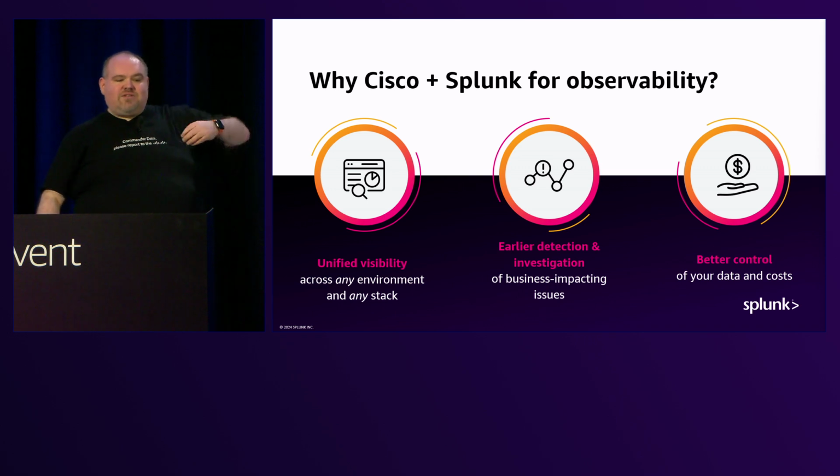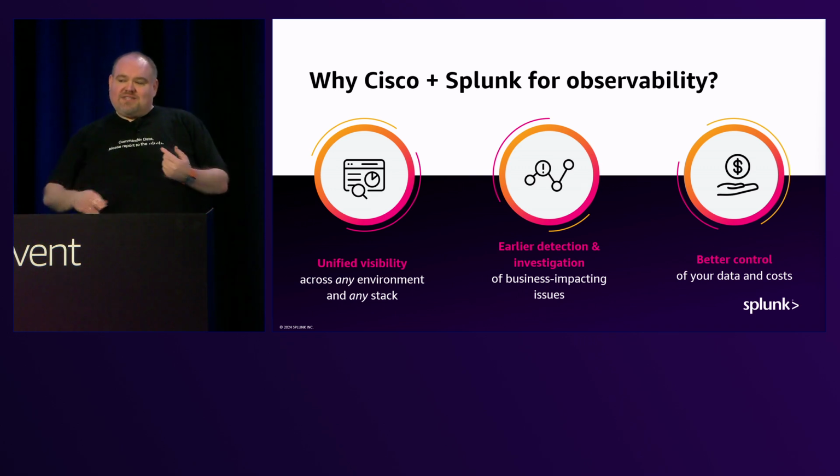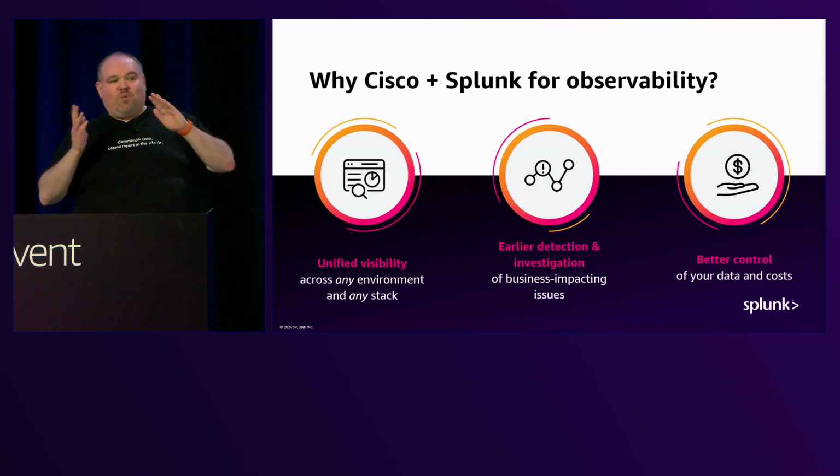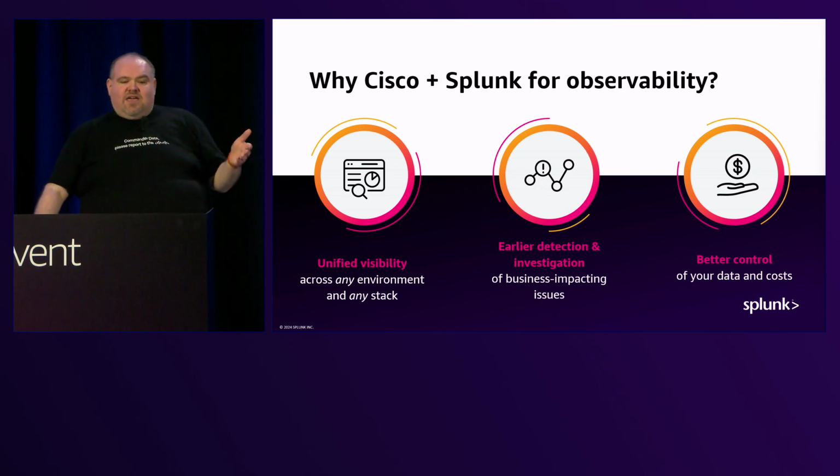But also being able to use OTel's flexible processing capabilities and to be able to, again, say where you send certain types of data, and then once you've sent it in, how important it is, so that some of the data that's not as critical gets put in a cheaper place to store. These are all capabilities that Splunk and Cisco have worked together on to make sure we are the best in class at. So that's the sell. Why Cisco and Splunk? That's the reason.